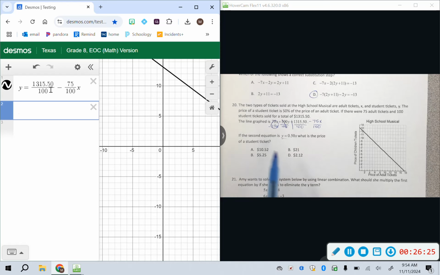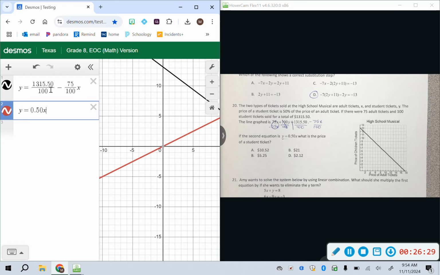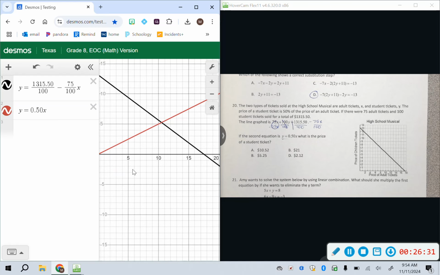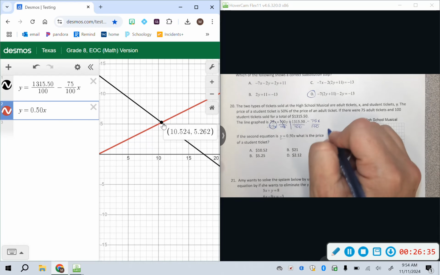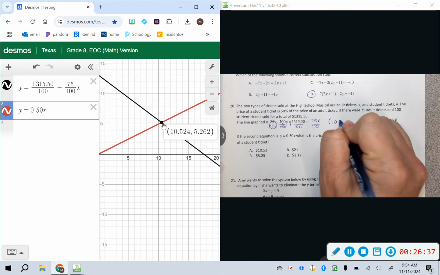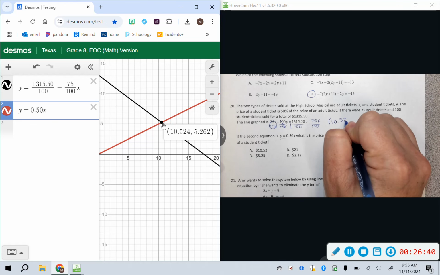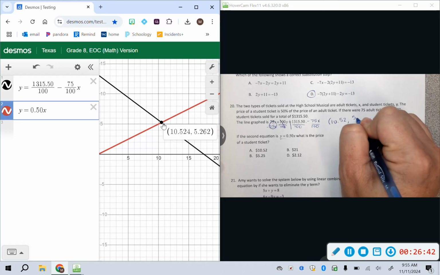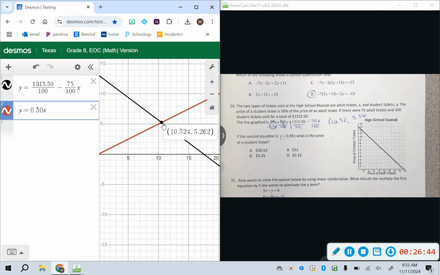And then my other equation is given to me, y equals 0.50x. And I just need to see where they touch. I see they touch at 10. So I see this is where they touch. And I know it's asking me, second equation, what is the price of a student ticket? So student tickets is y.